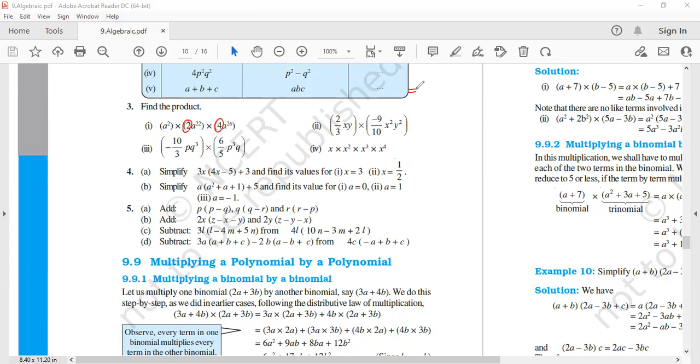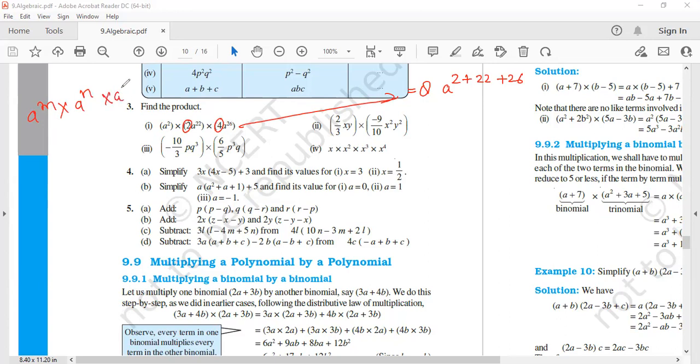Firstly, focus on the numbers: 2 fours are 8, and a raised to power 2 plus 22 plus 26.